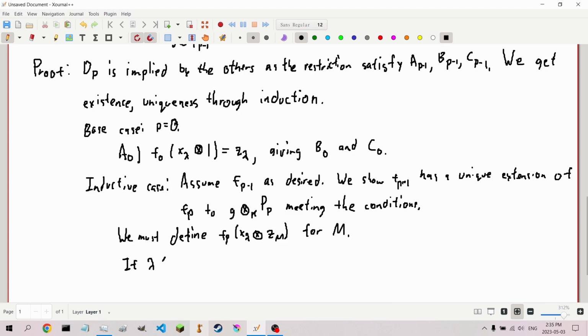If lambda is less than or equal to M, then we have from condition AP the FP X lambda tensor Zm is equal to just Z lambda Zm. Easy enough.